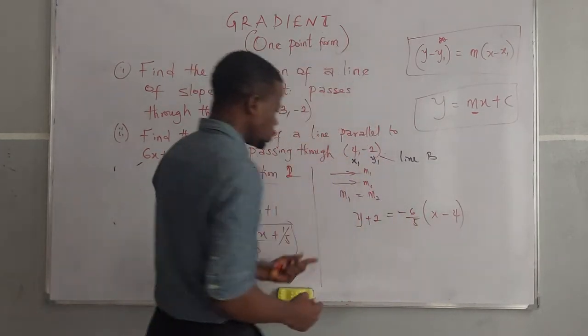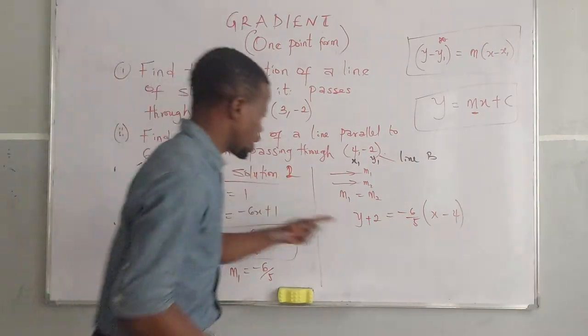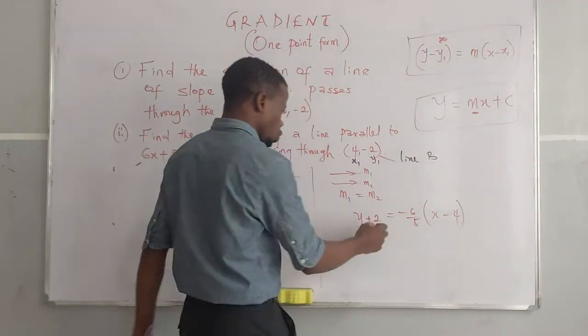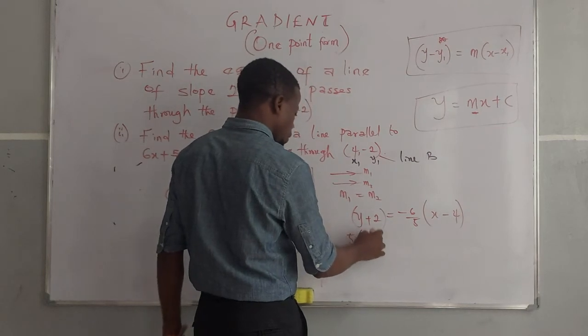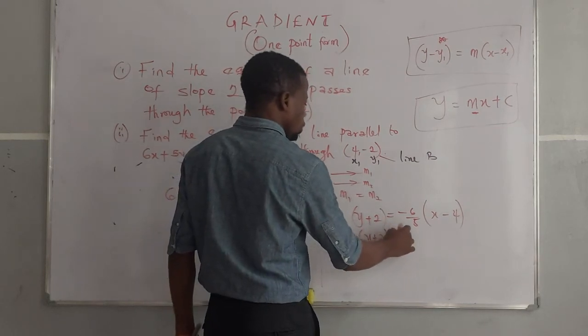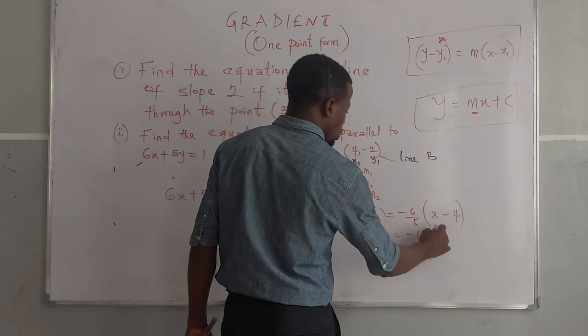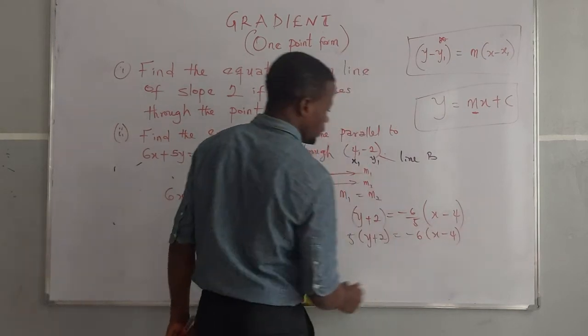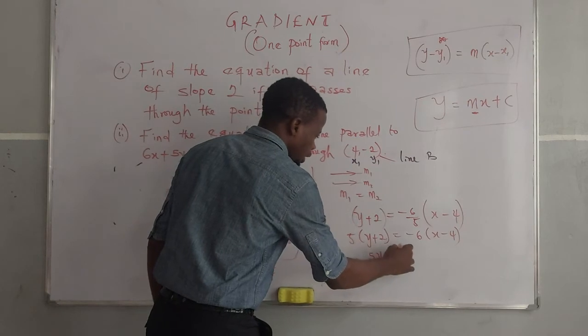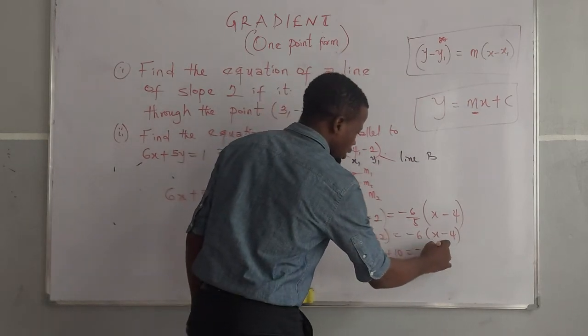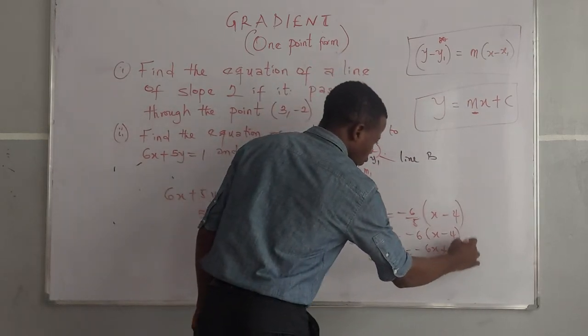At this point, we clear the fraction by multiplying by 5. So 5 open bracket y plus 2 is equal to minus 6 open bracket x minus 4. Here we have 5y plus 10 equal to minus 6x plus 24.